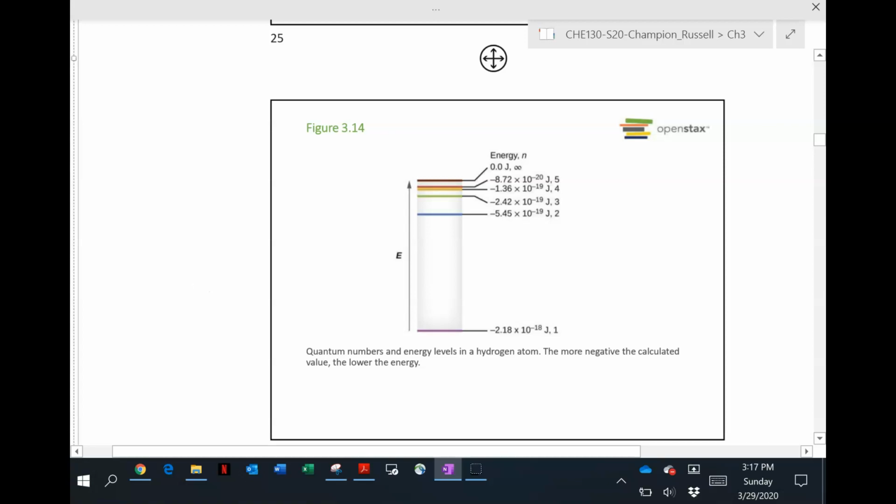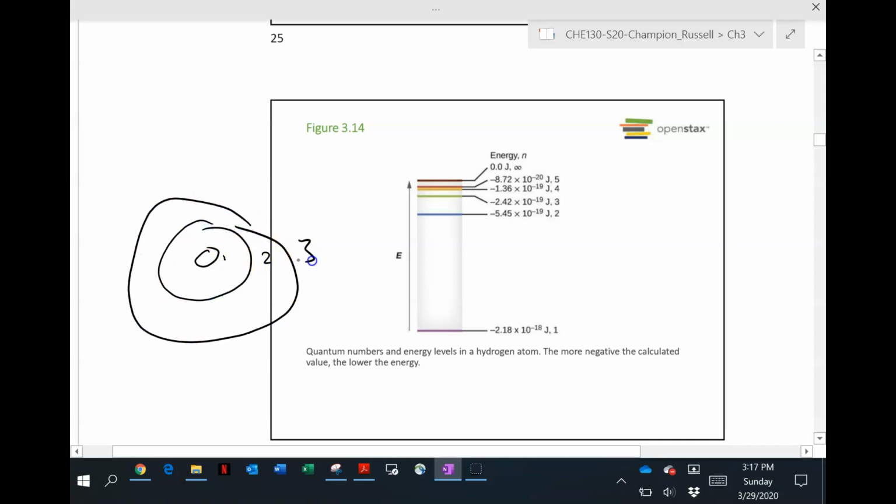Now, this is another way of looking at the orbits. So again, if I'm talking about my picture of orbits here, where that's 1 and that's 2 and that's 3 and so on, that 3 here is relating to that level right there. The 2 here is relating to that level right there, and that 1 is that level right there. These are negative numbers relative to 0, right?